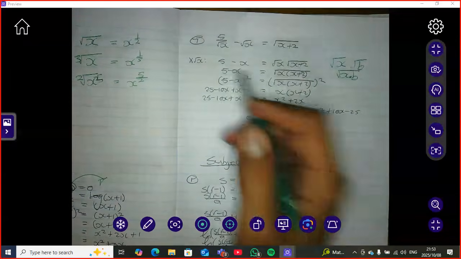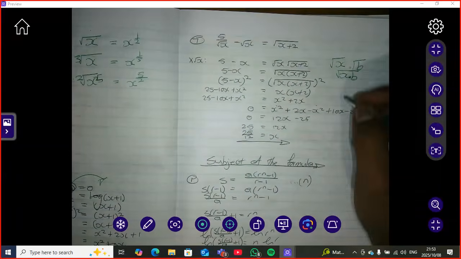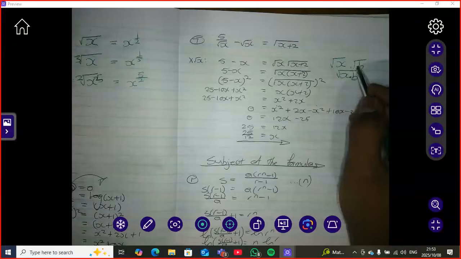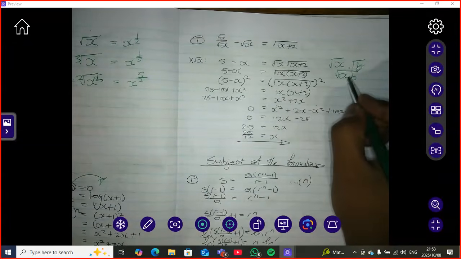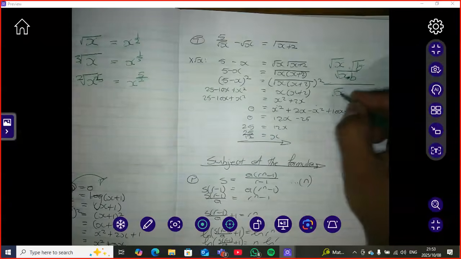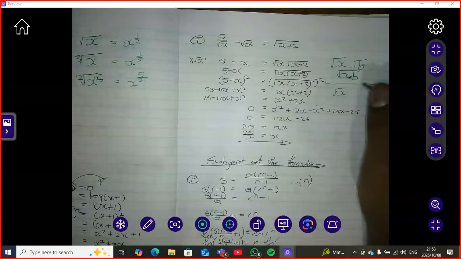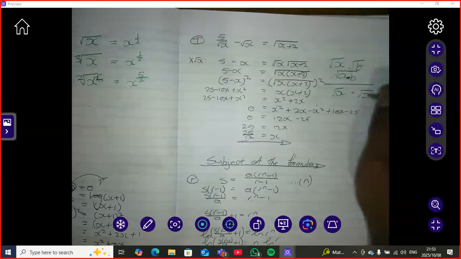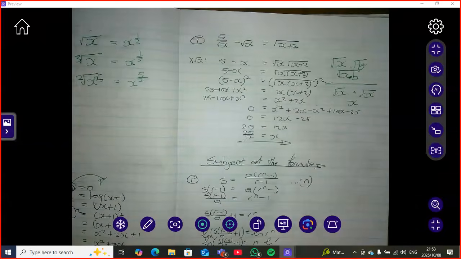Because they're different numbers or variables, they can be written like this. But if I have a square root of x multiplied with the square root of x, I will get only x, so the square roots will cancel each other.